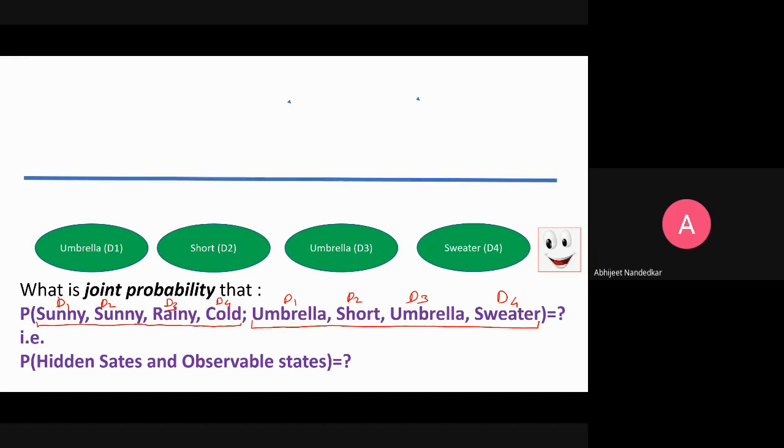So this is a combination of hidden states and observable states.